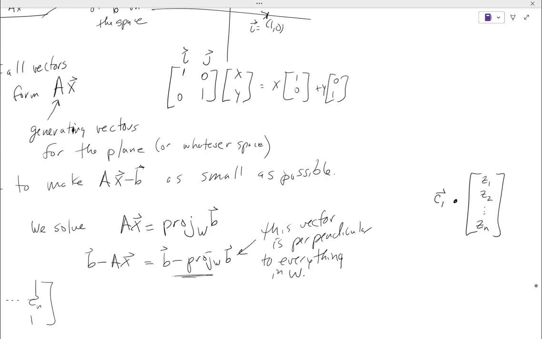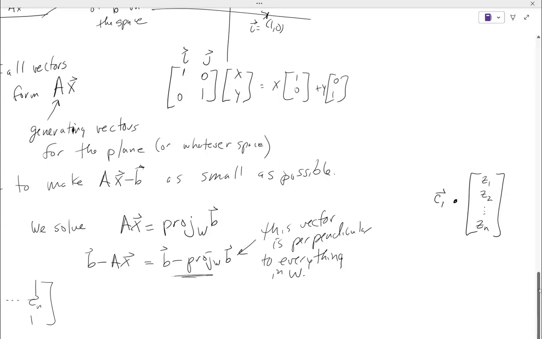If I wanted to recognize this as a matrix product instead, would I want to write it this way? Does that work? No. What would I need to do with this instead? Write it as a row. How do I change what matrix operation changes columns into rows?